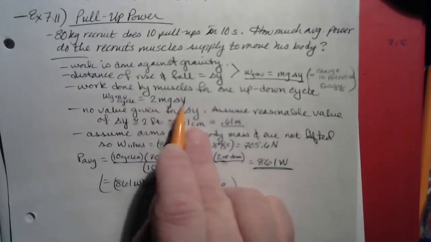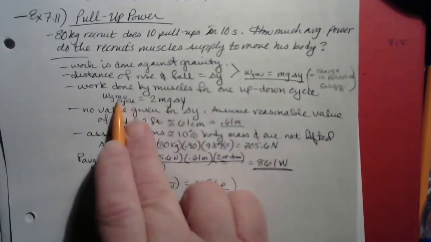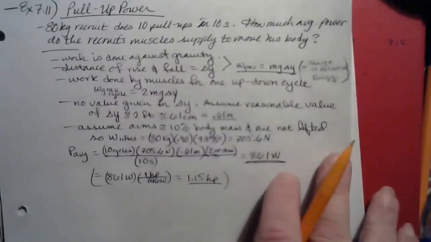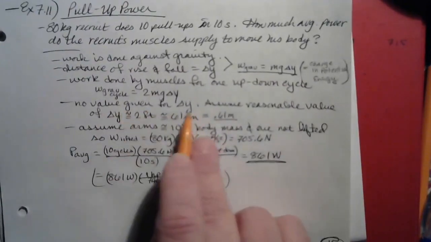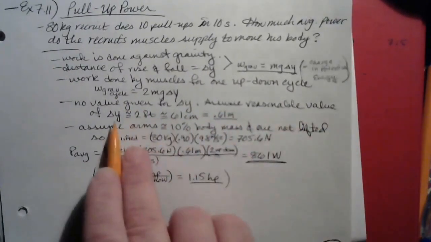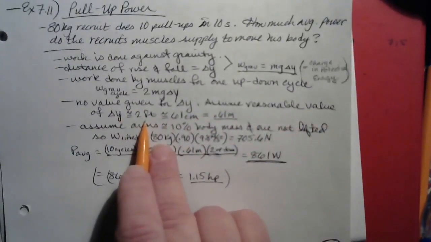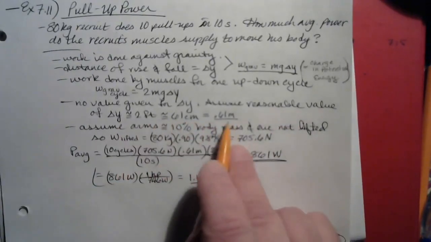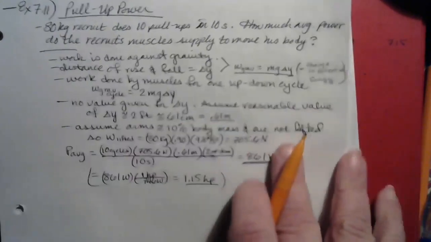So that's 2 mg delta y for the work due to gravity in one cycle. For the delta y, we can assume a reasonable value of, say, 2 feet, and that's about 61 centimeters or 0.61 meters.